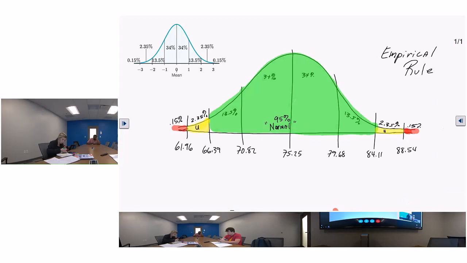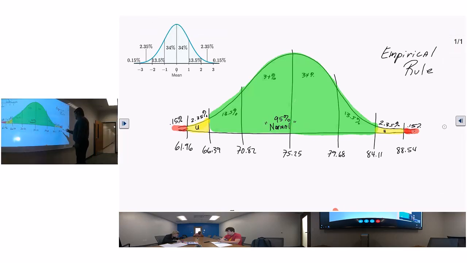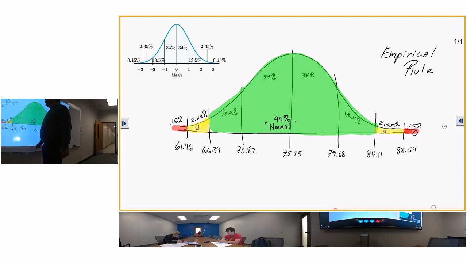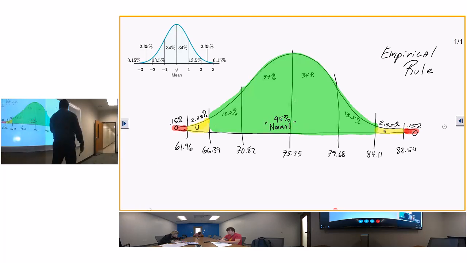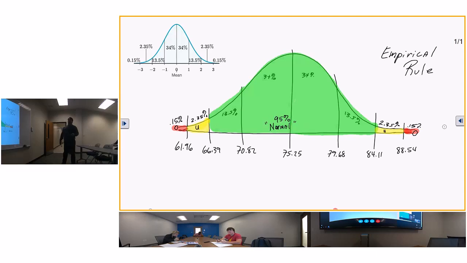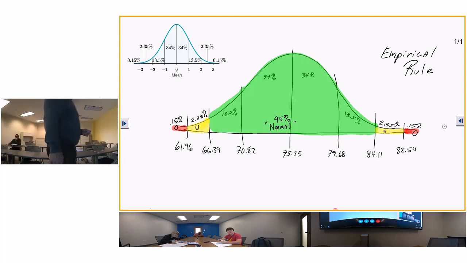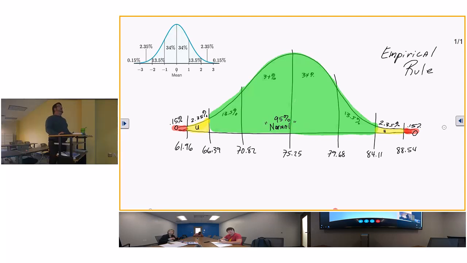Okay, so let's say that these are test scores. If you scored above an 88 or an 88.5, then you're doing very good. If you scored below a 62 or 61.96, that means you really suck, okay? Because you have scored way lower than you're supposed to.